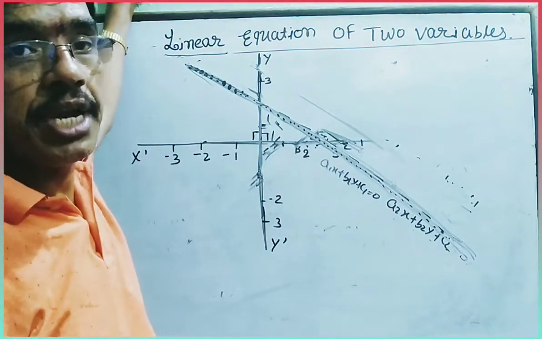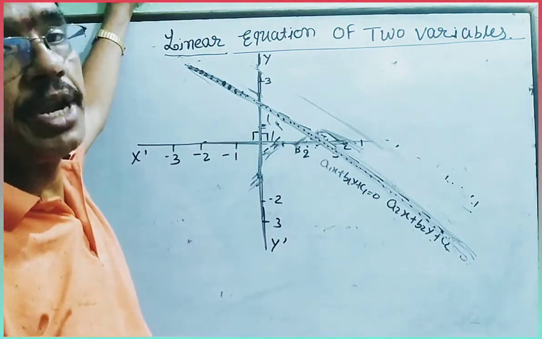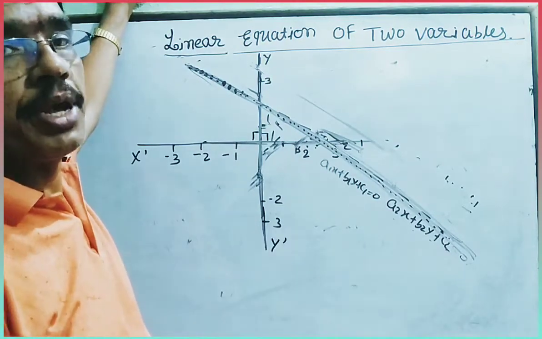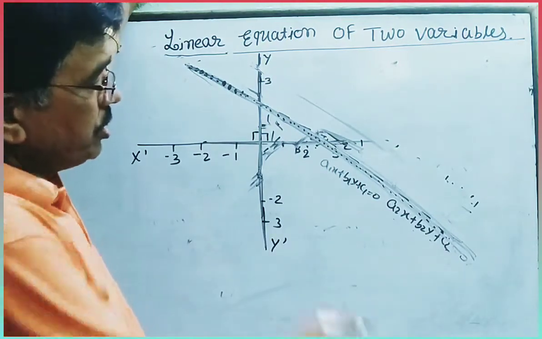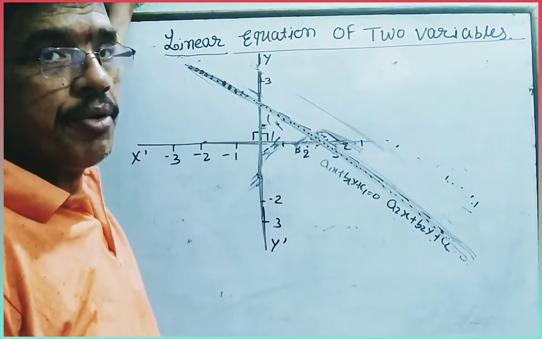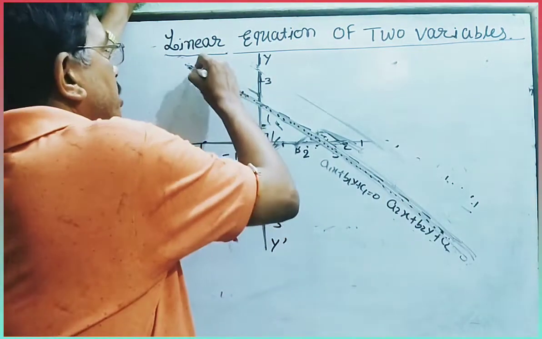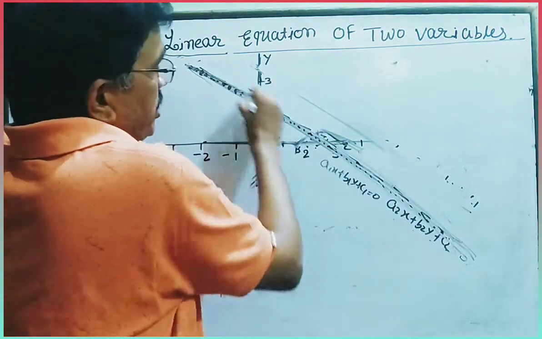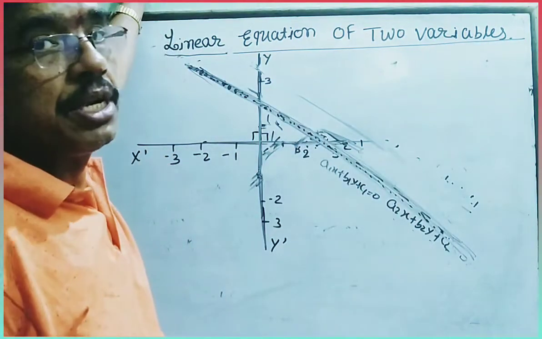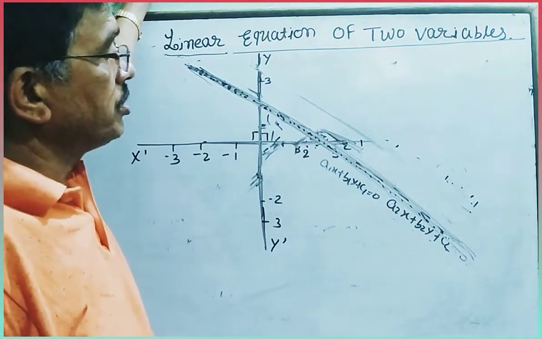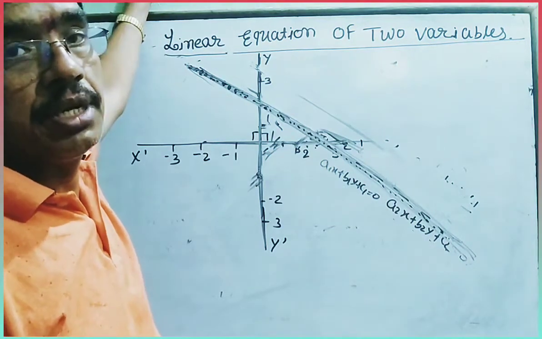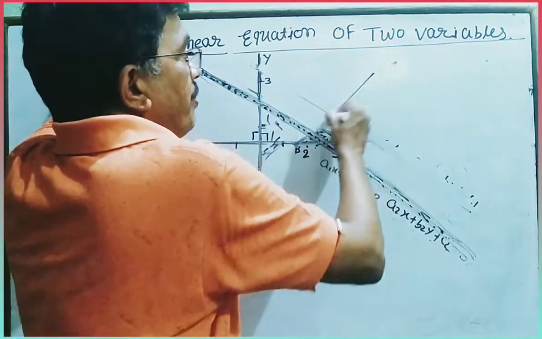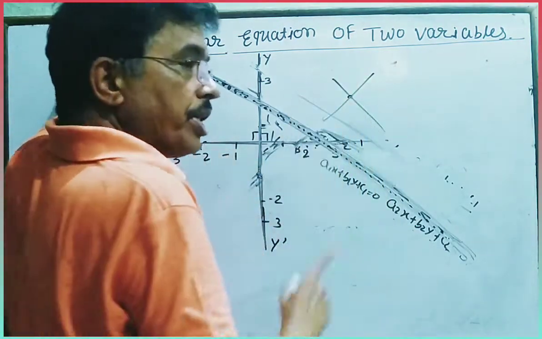What is consistent? A consistent system of linear equations is one in which at least one solution of the equation is given. Here so many solutions are there. We find there are so many solutions on the graph paper that satisfy the equations of these two lines, and so this is called consistent. So, inconsistent, unique solution: when the graphs intersect, it has a unique solution.